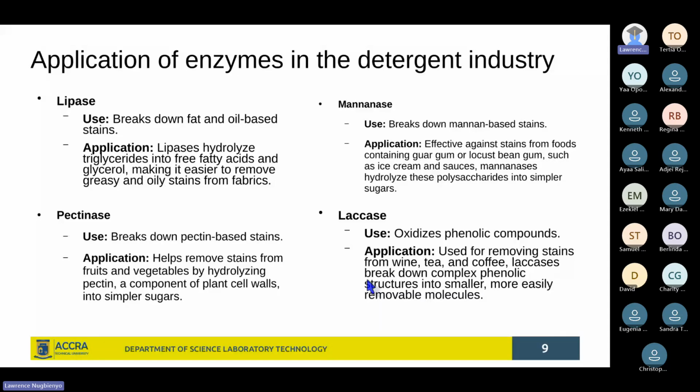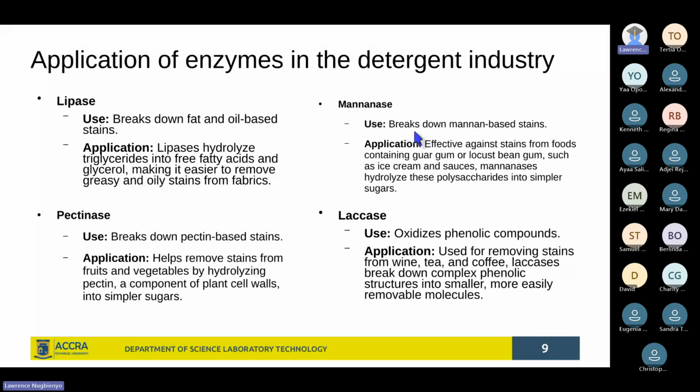So for instance, you have lipases that can hydrolyze triacylglycerols into free fatty acids, which will be easier to take out of the fabric as stain once you have these free fatty acids and glycerol. These can easily be removed from the fabric.